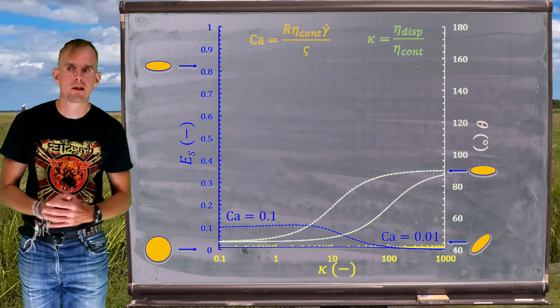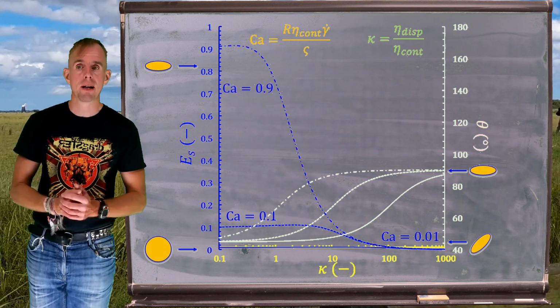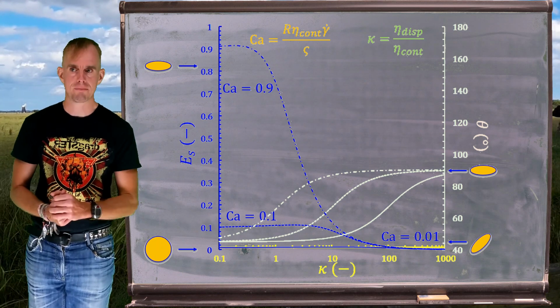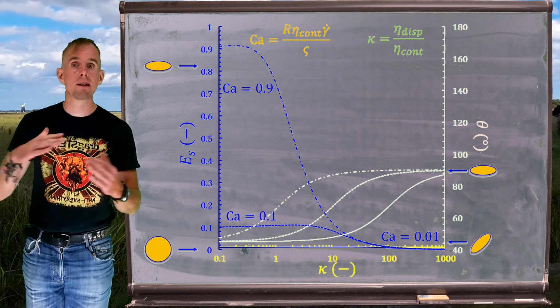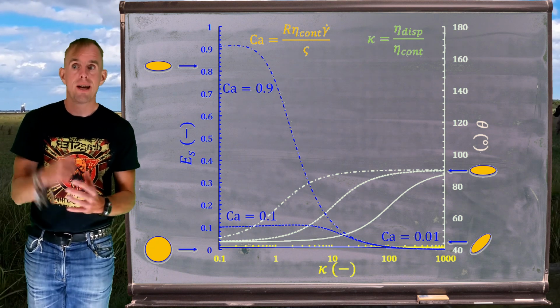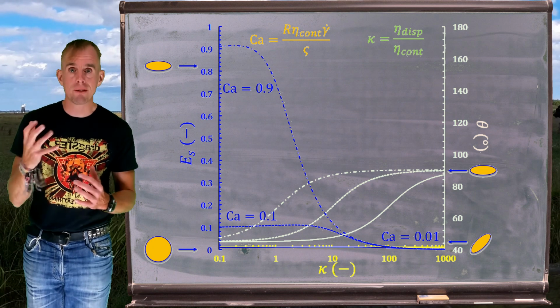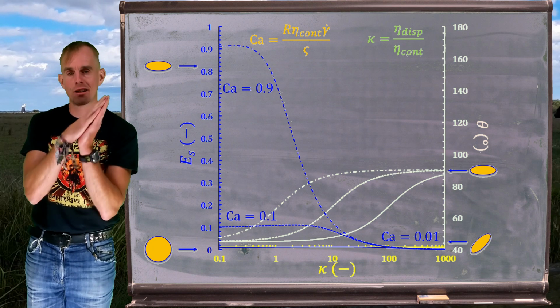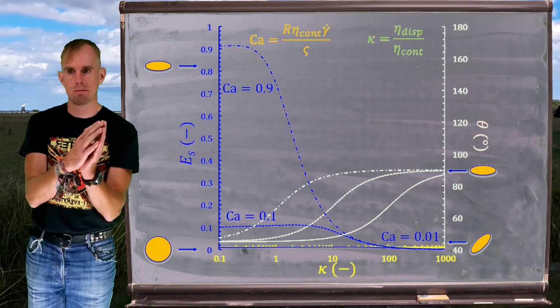Now, let's increase the capillary number some more. Let's go to 0.9. Now we start to see significant droplet deformation. If we look at those ellipticity values, they're as high as 0.9 for easily deformable droplets. And in that regime of easily deformable droplets, we will see that these droplets are oriented 45 degrees to the flow direction.